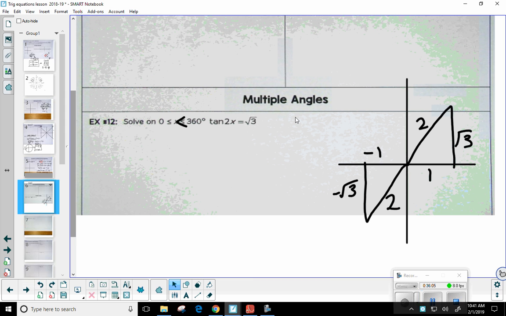This is a special right triangle. So what's that reference angle right there? Is he right? I would say yes. Pi over 3 and 4 pi over 3.